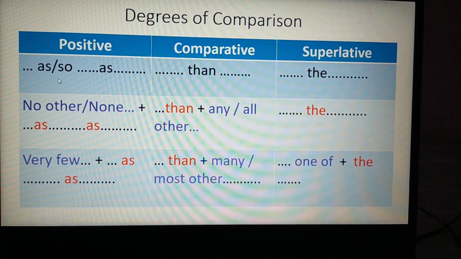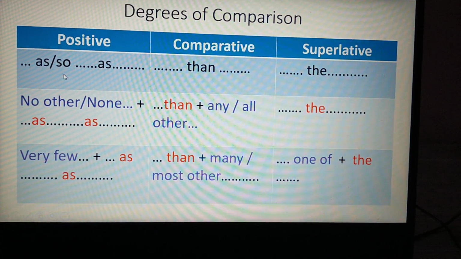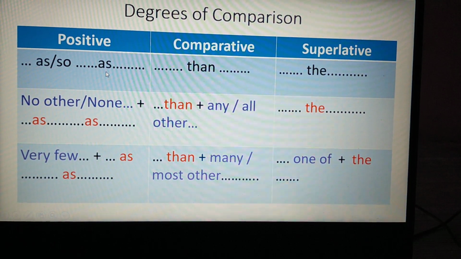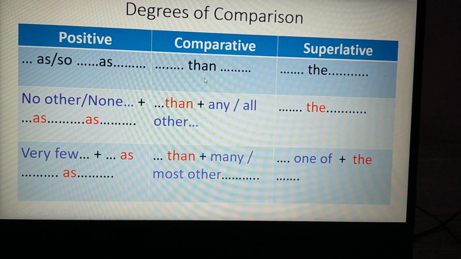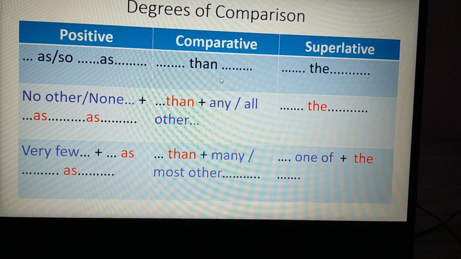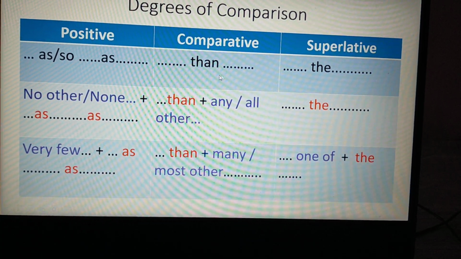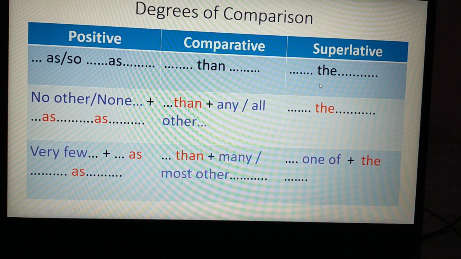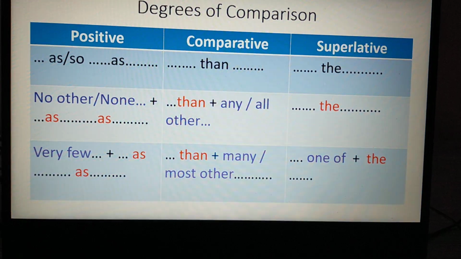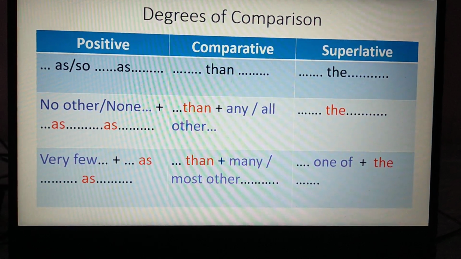If you have so or as before the adjective and as after the adjective, it is called positive. When we have the word than before the adjective, it is called the comparative degree, and when we have the before the adjective, it is called the superlative degree.